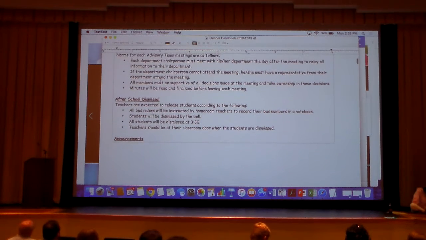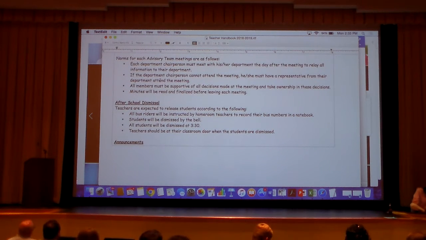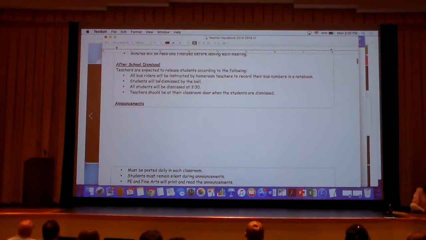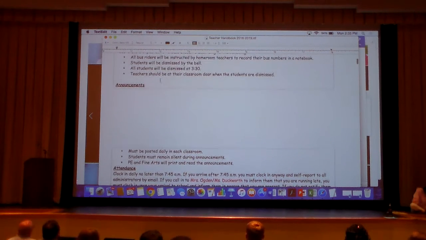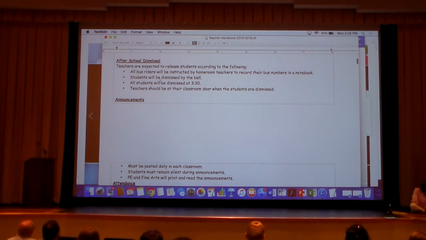All right, that's just after school dismissal. Students need to be dismissed by the bell. Student bell rings at 3:30. Please have students seated until the bell sounds. I said that last year. I walk by a room and the kids are packed up and standing up at the door ready to go.